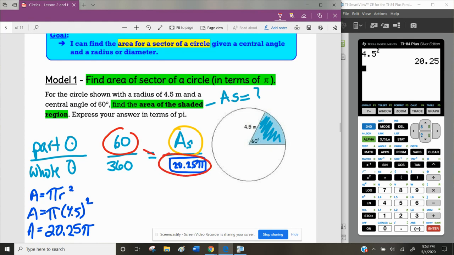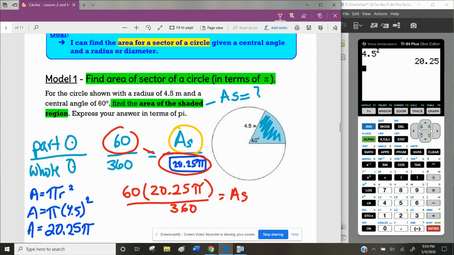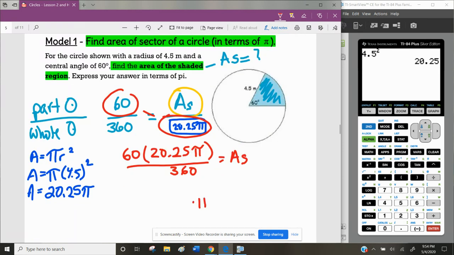Okay, and now since I'm solving for this unknown amount up here, I'm going to cross multiply these values. So what that means is I'm going to have 60 times 20.25 pi over 360, and that is going to equal the area shaded. Okay, so again, I'm not going to push pi because part of my answer, if I leave it in terms of pi, should have a pi in it.